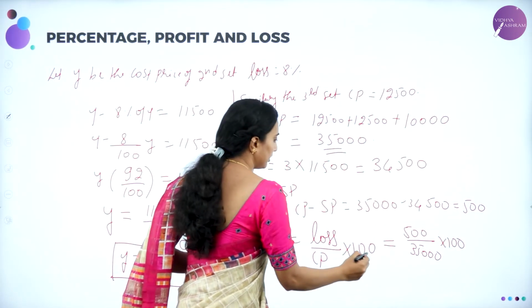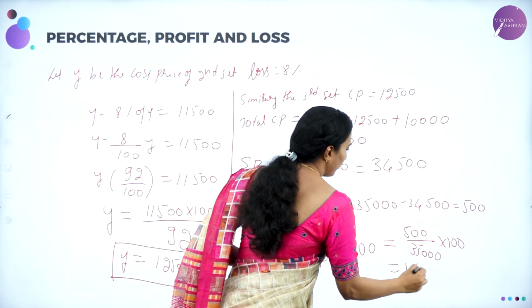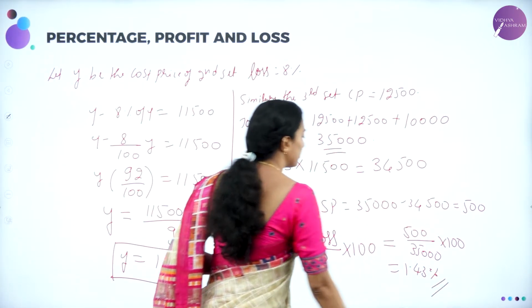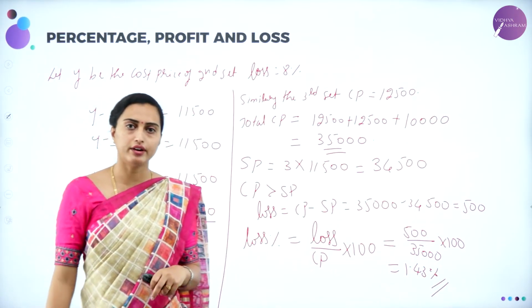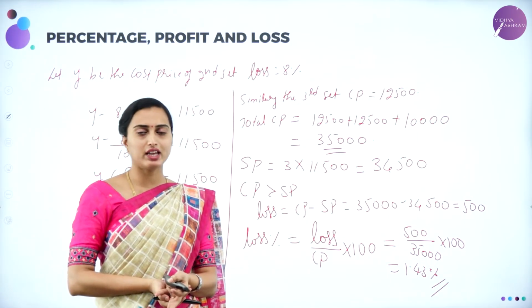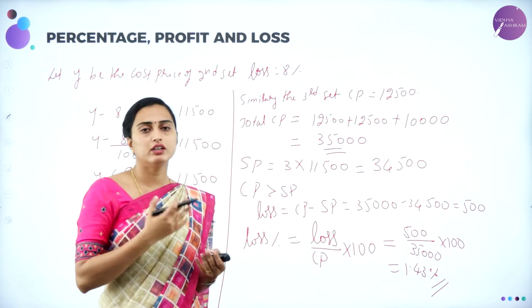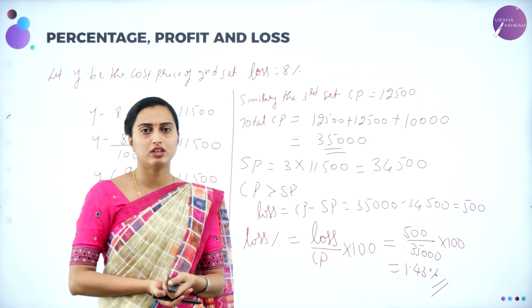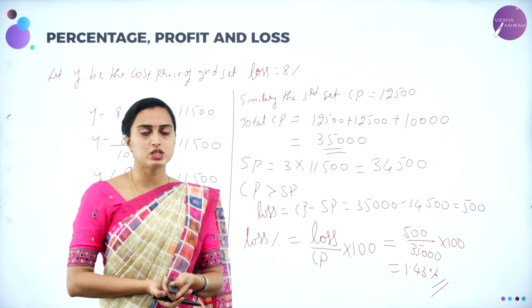After calculation, the loss percentage is 1.43%. So this much is the loss. Understood? So I have taken here the first set cost price as x, the second set as y. Accordingly, I have taken the given question conditions. That's it, dears. Okay, we'll move on to the next question, dears.